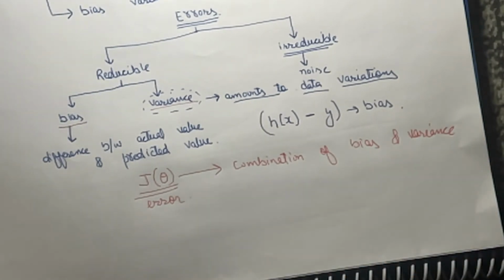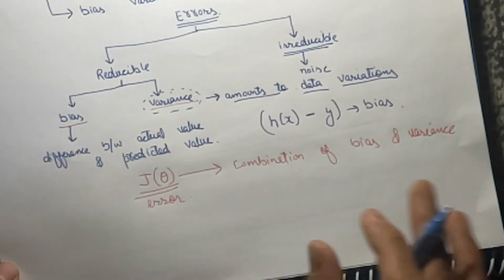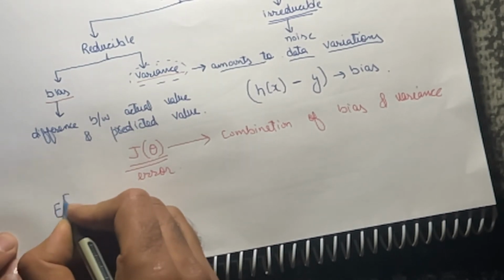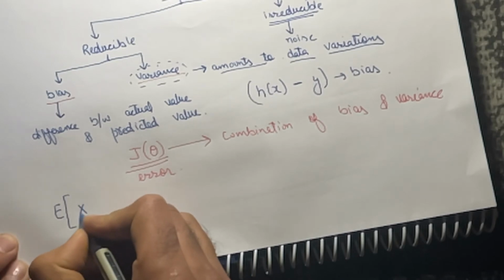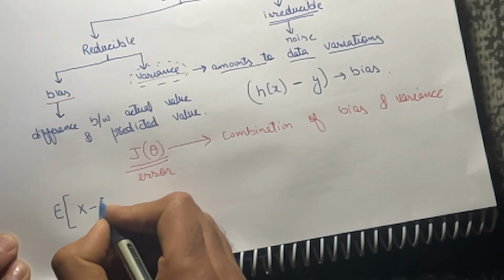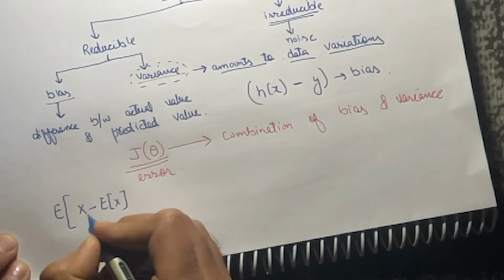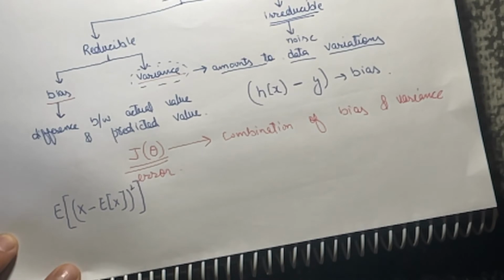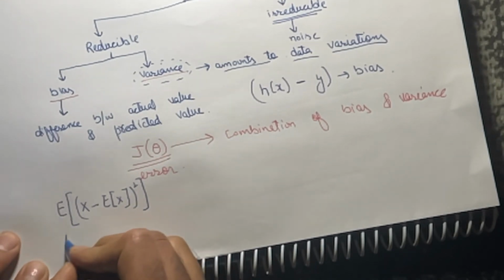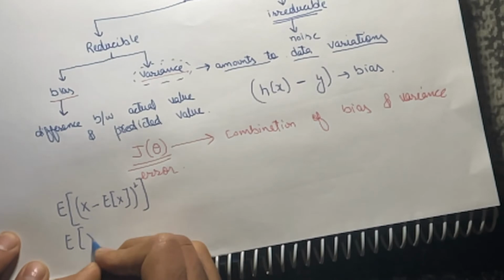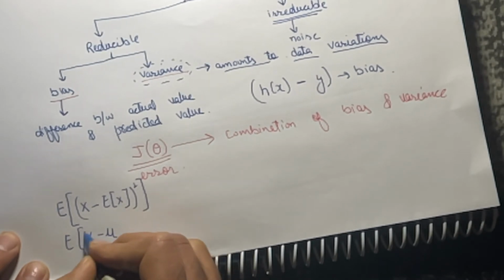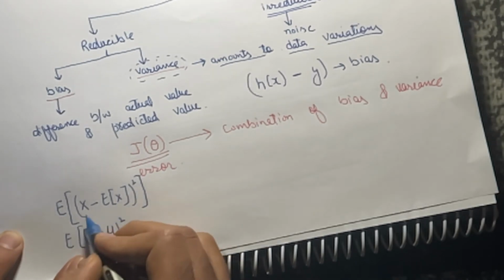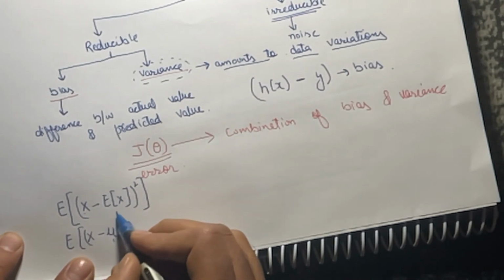Before deriving this, keep in mind, from probability, that the expectation of x minus expectation of x, whole square, can also be written as expectation of x minus mu whole square. Mu is the mean of x, given by expectation of x.